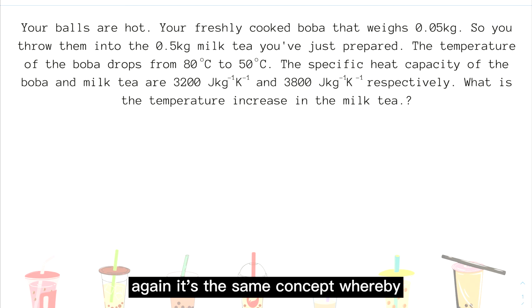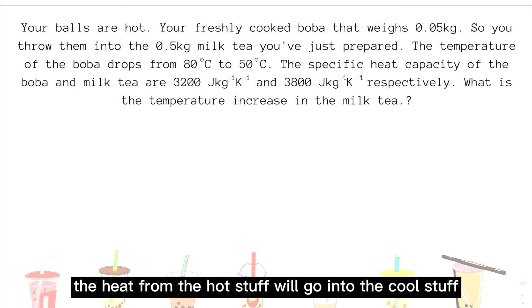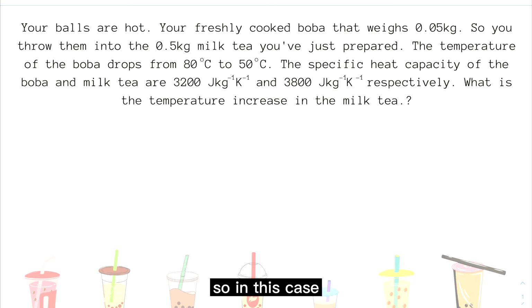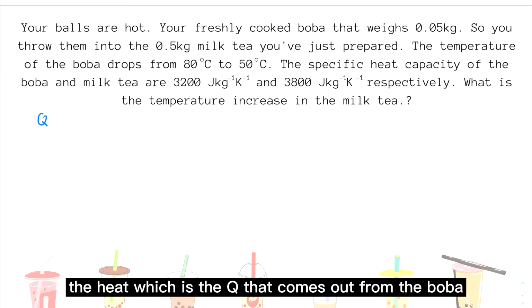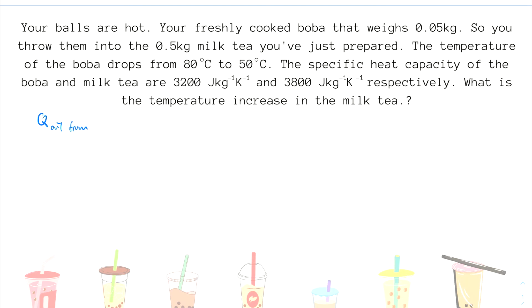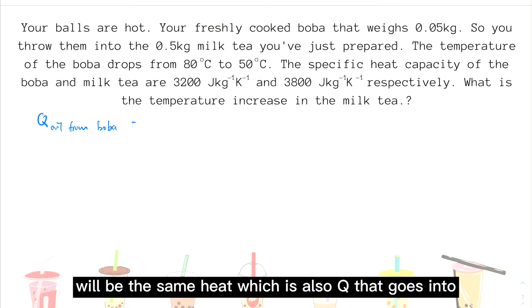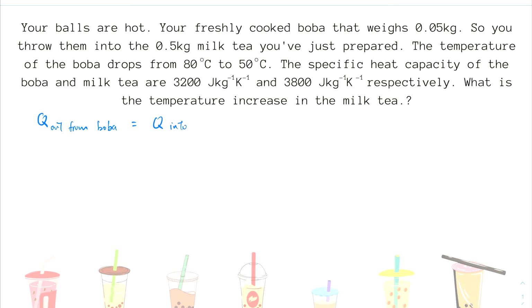Again, it's the same concept, whereby when you put the two things together, the heat from the hot stuff will go into the cold stuff. So in this case, the heat, which is a Q, that comes out from the boba will be the same heat, which is also Q, that goes into the milk tea.